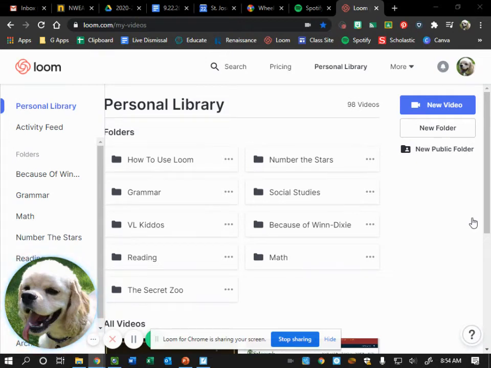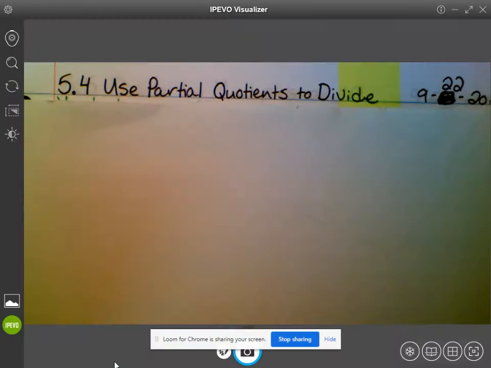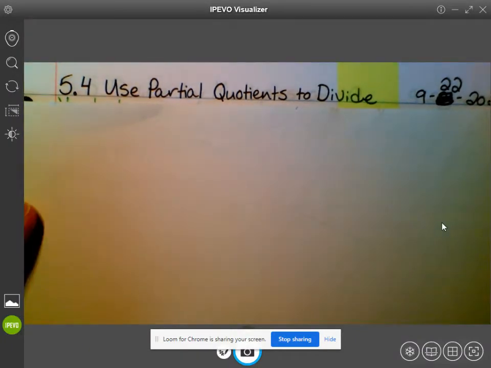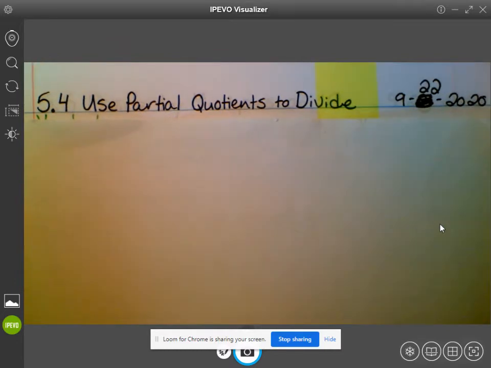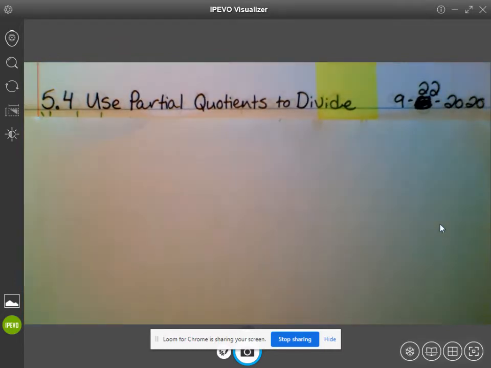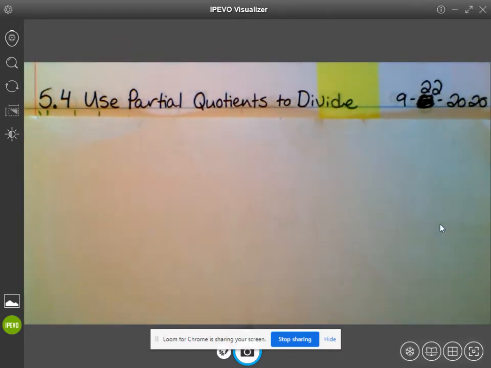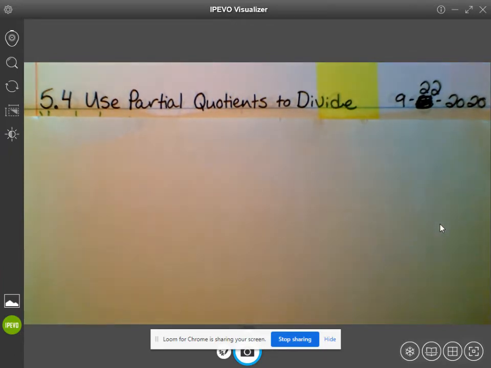So, fifth grade, we are going to open up to our next clean page in our math notebook, and we are going to start on our notes for today. So, at the top, we are writing 5.4, use partial quotients to divide.